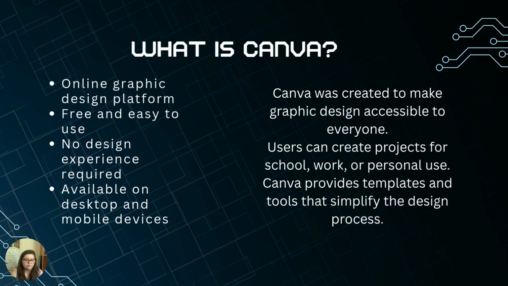Canva is my favorite for making photos. It's available on desktop and mobile devices. Canva was created to make graphic design accessible to everyone. Users can create projects for school and work or personal use, and Canva provides templates and tools that simplify the design process. It's a little easier in Canva than Adobe Express to just stay in the template.